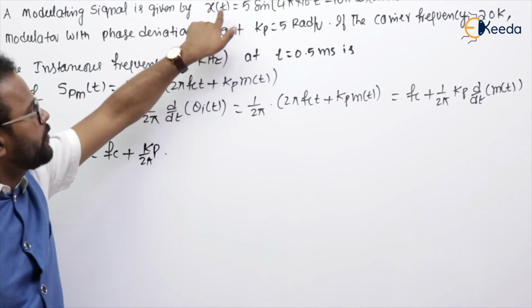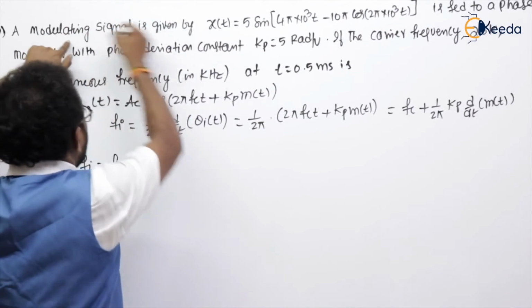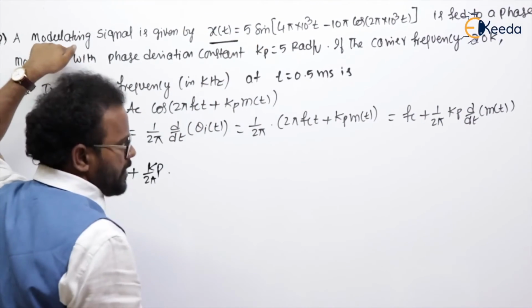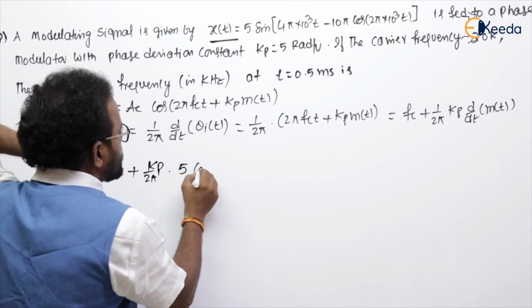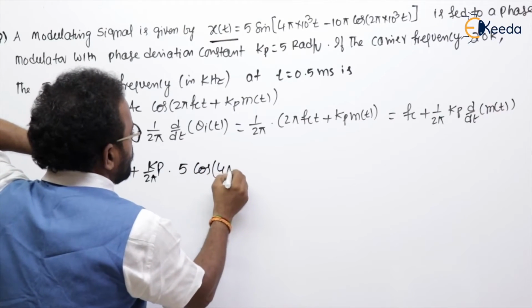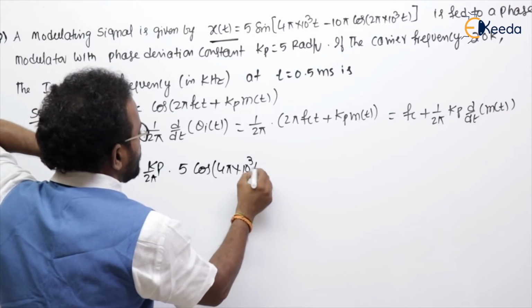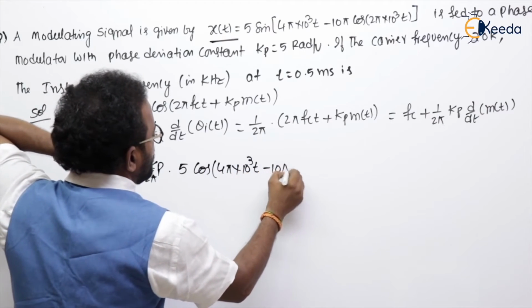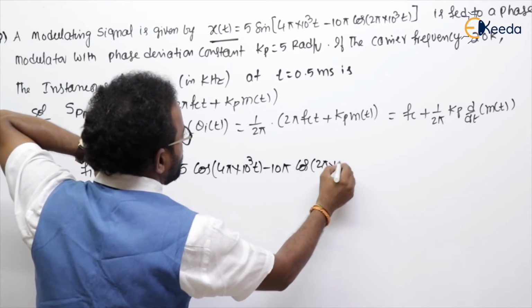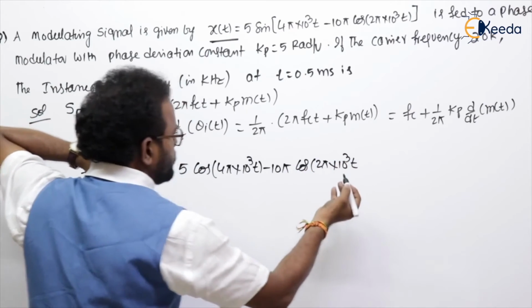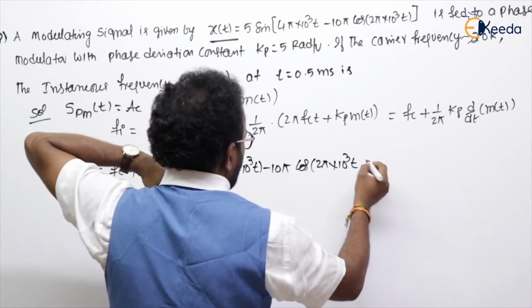Differentiate this. In place of m of t, the given modulating signal is x of t. Differentiate. So 5, differentiation of sine is cos, 4 pi into 10 cube t, minus 10 pi into cos 2 pi into 10 cube t. Are you getting my point or not?